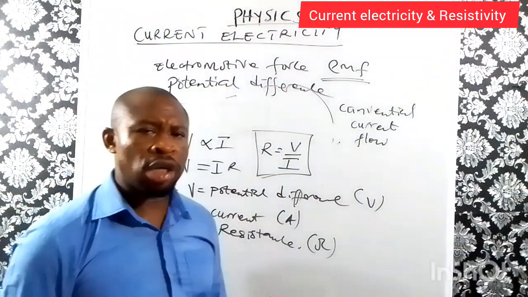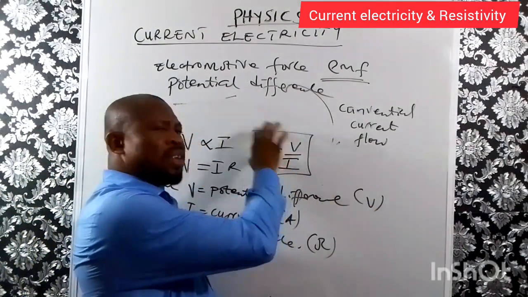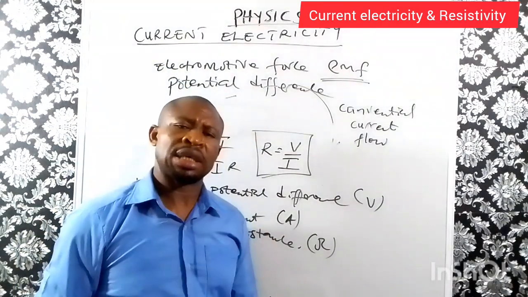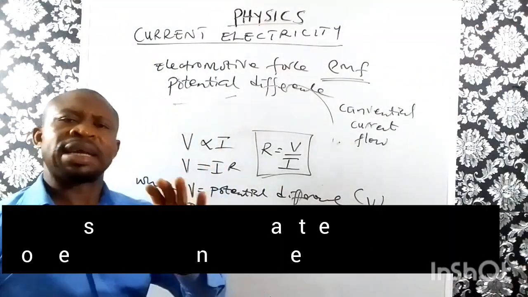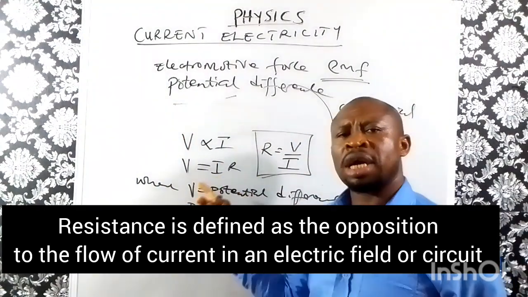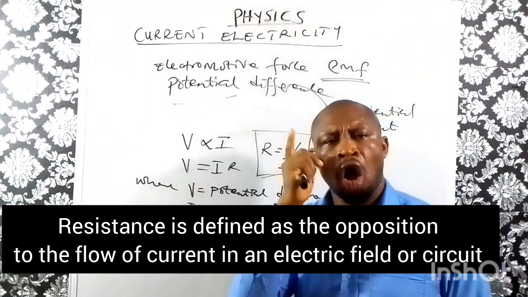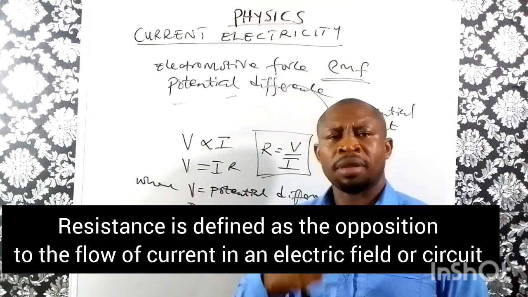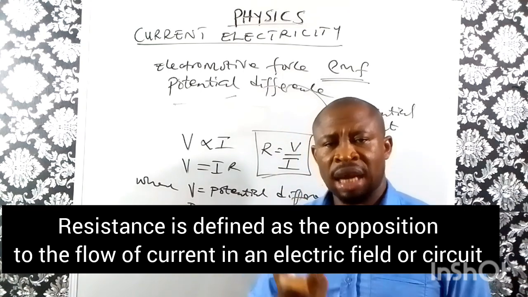Now, at this point, we can define resistance. Resistance is nothing but the opposition to the flow of current in an electric circuit.